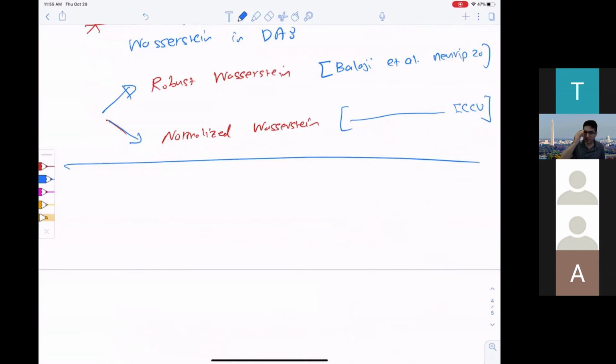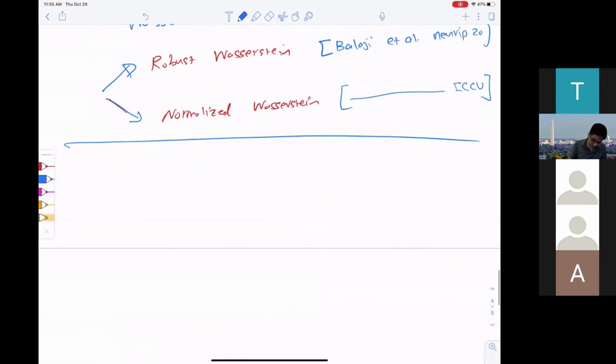All right, so let me tell you one more approach based on image-to-image translation. So this is another practical approach, which is based on methods developed for image-to-image translation.